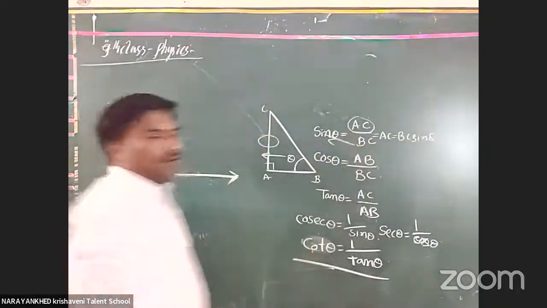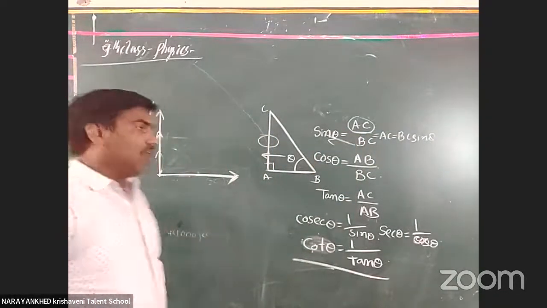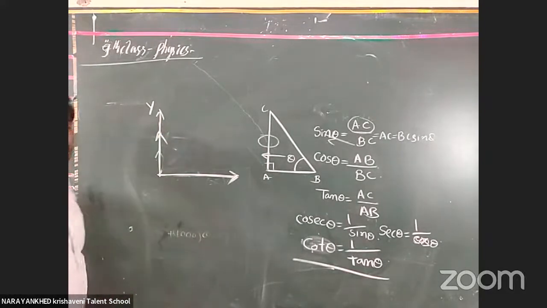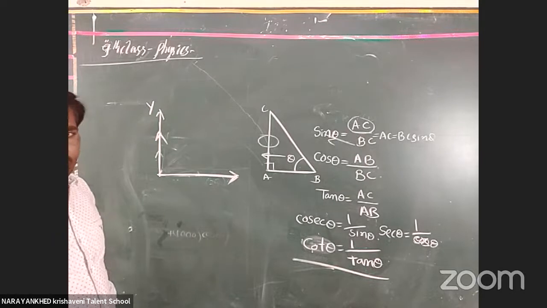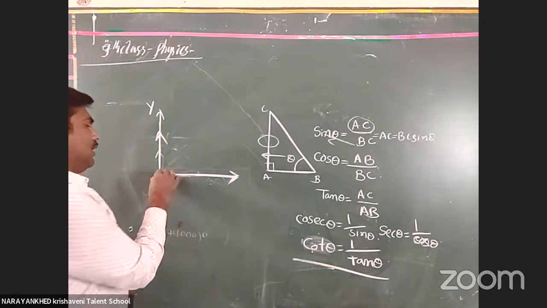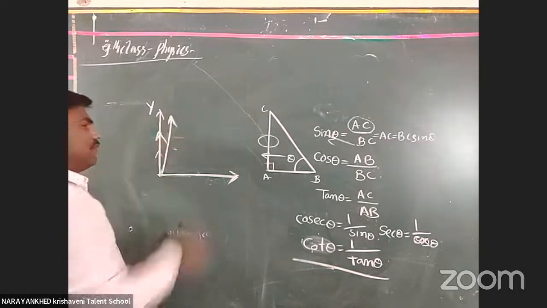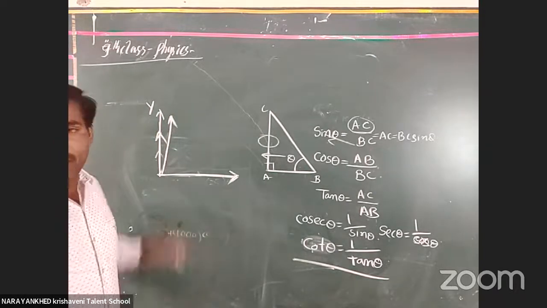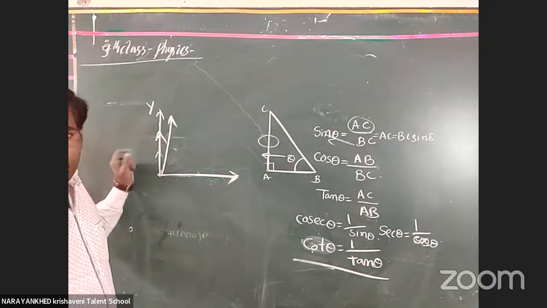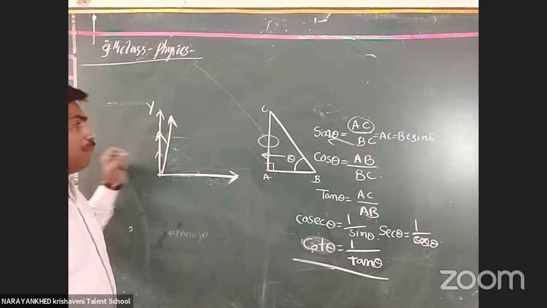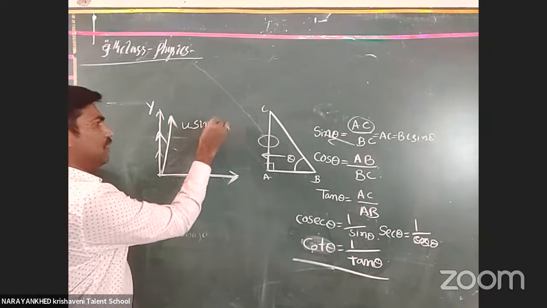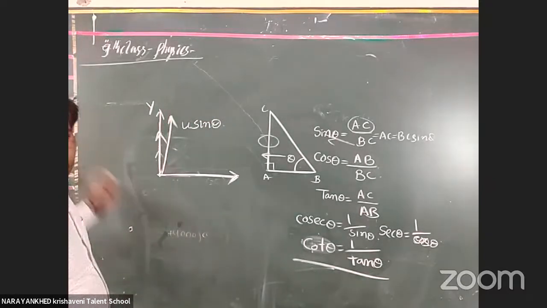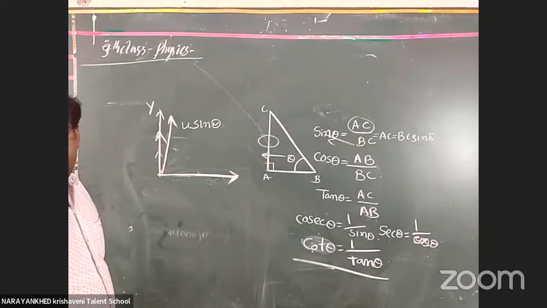Like that, in two-dimensional motion, when we want to find a component in the vertical motion, the velocity component is represented by u sin theta. I hope you got it.